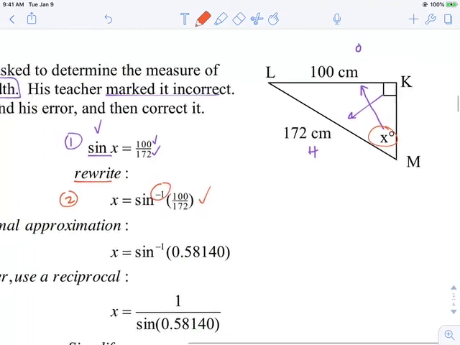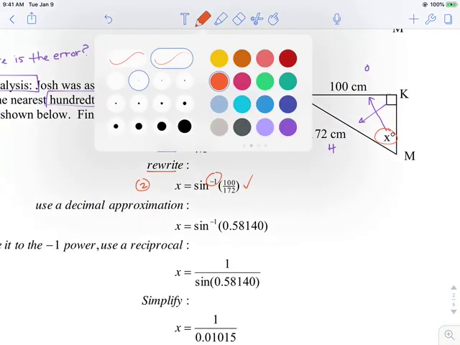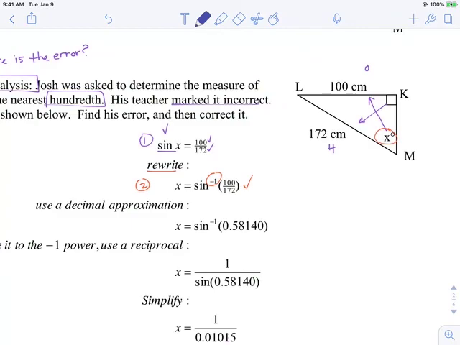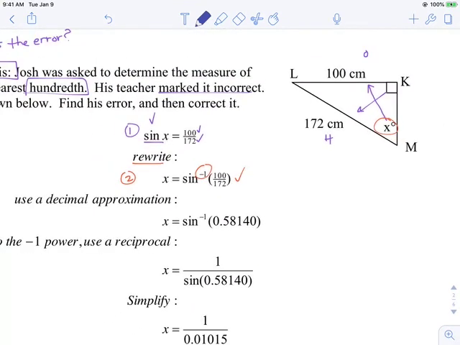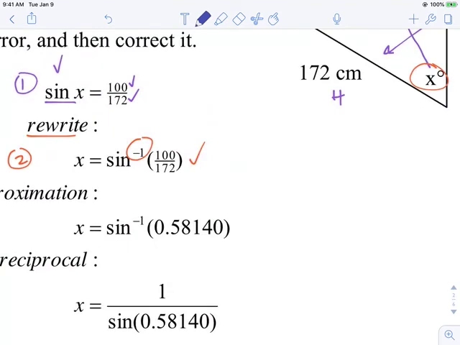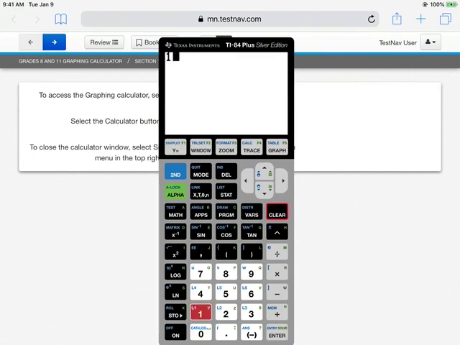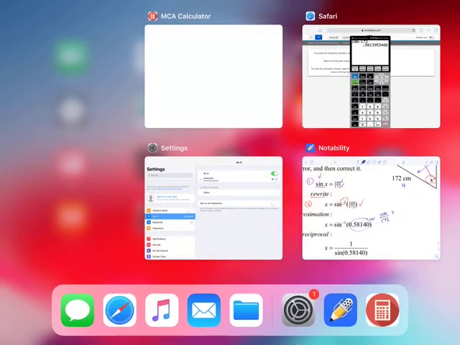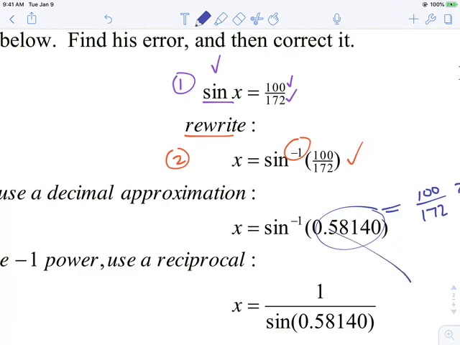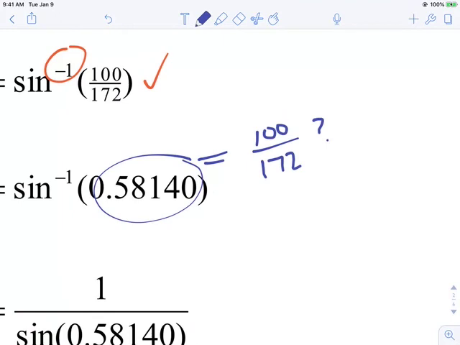So that one's good. And now decimal approximation. Let's see if that's where the mistake was. 0.58140. So is this number equal to 100 divided by 172? Let's check. 0.58139.